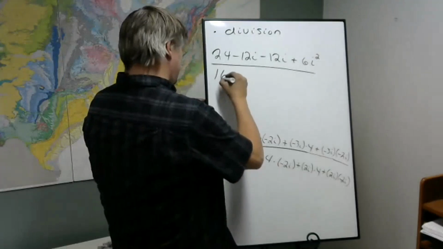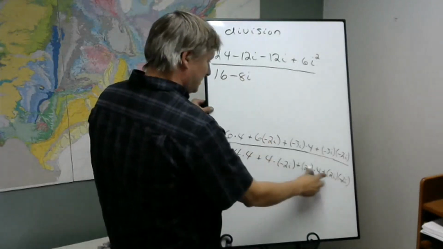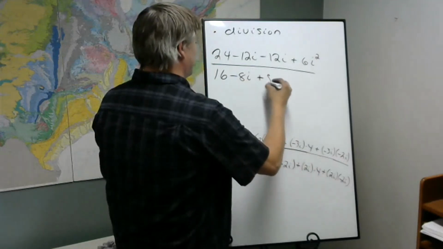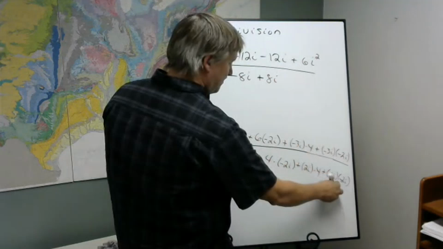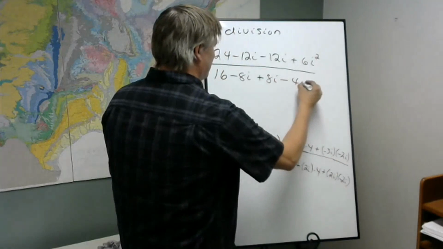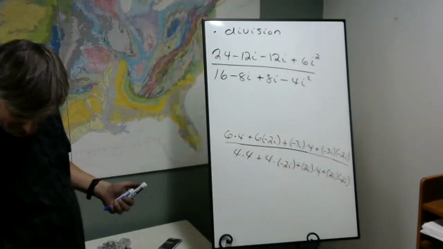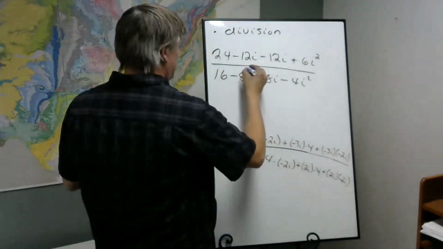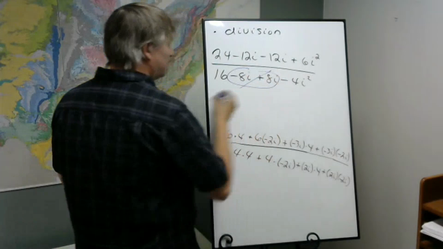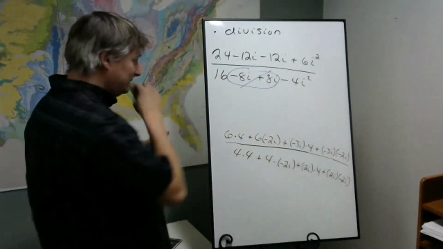So this will be 16 minus 8i plus 8i. So there they go. These are going to cancel. And then minus 4i squared. So these here, they'll go away. The i squareds are minus 1.